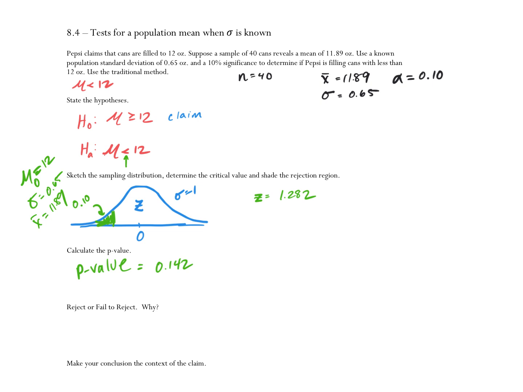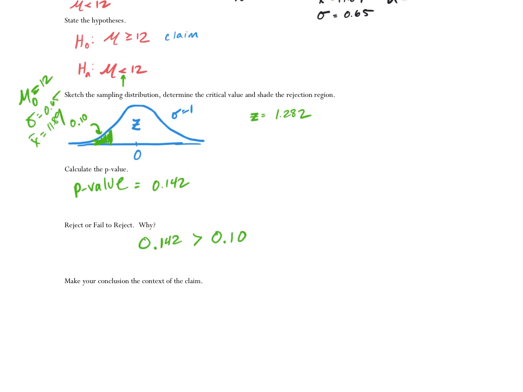In terms of making your decision about the null hypothesis, if you're using your p-value, you ask, how does 0.142 compare to our alpha, our significance level? Is 0.142 greater than or less than alpha? It is greater than. Is everybody with me? If that is the case, we would fail to reject.